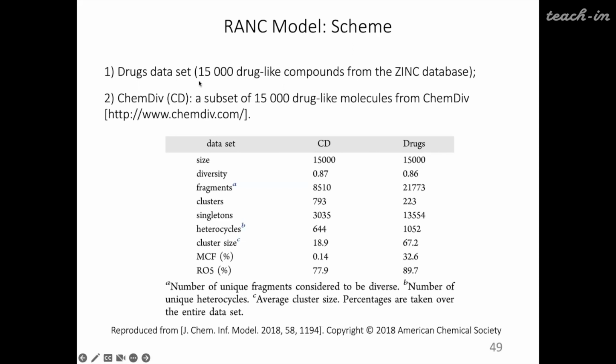First, they selected 15,000 drug-like compounds from the ZINC database, and also they used a subset of 15,000 drug-like molecules from ChEMBL.